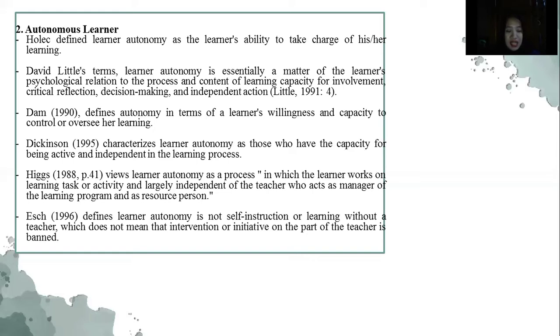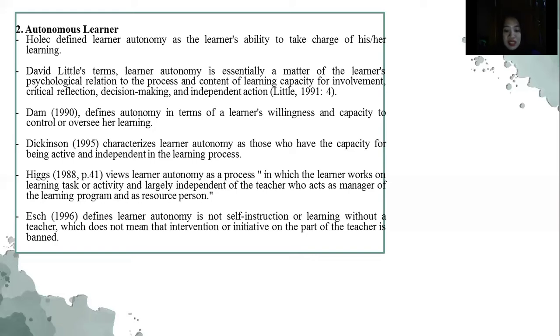Based on S 1996, learner autonomy is defined as not self-instruction or learning without a teacher, which does not mean that intervention or initiative on the part of teachers is banned.